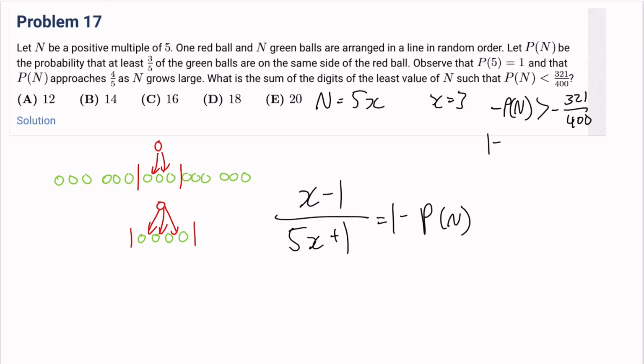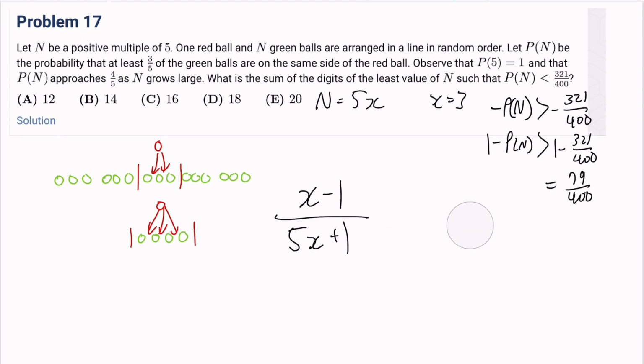And so 1 minus Pn would be greater than 1 minus 321 over 400, and this is equal to 79 over 400, right? And so 1 minus Pn is greater than 79 over 400.